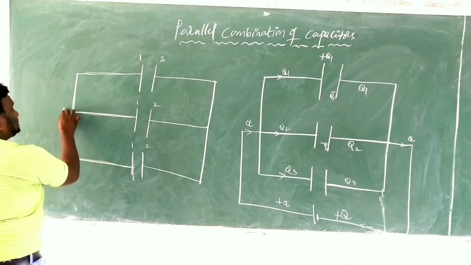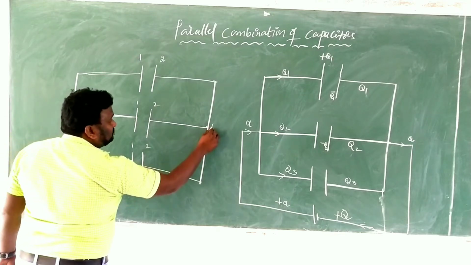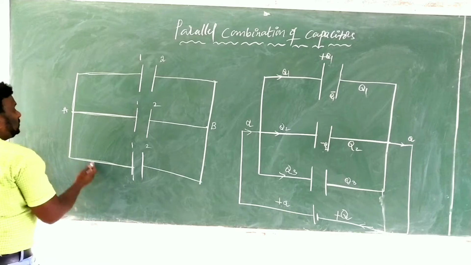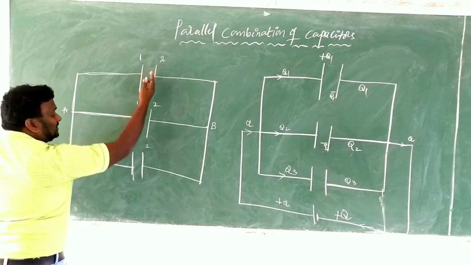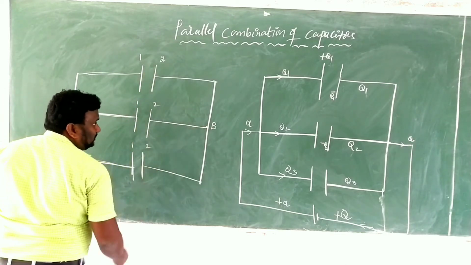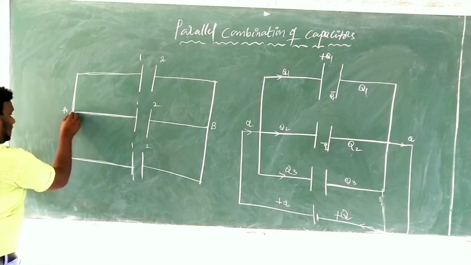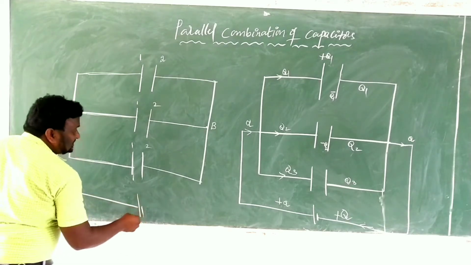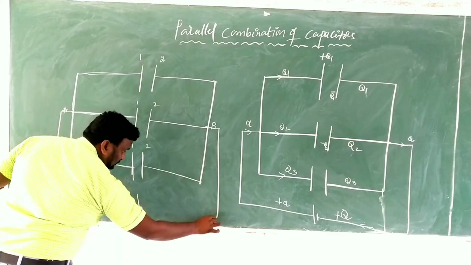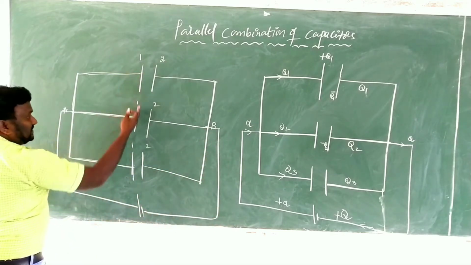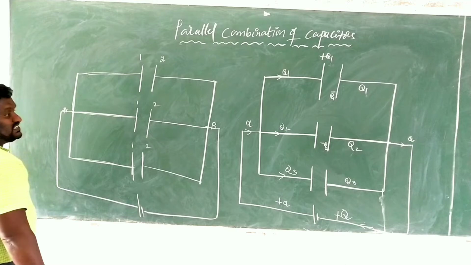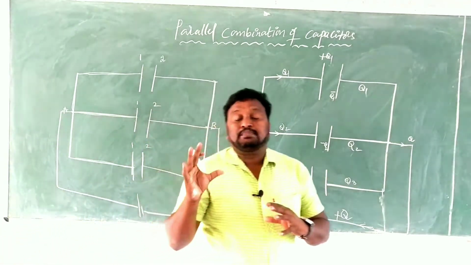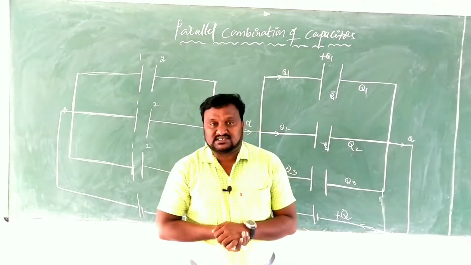For example, I am saying this is A and this is B. All the first plates are given to point A, all the second plates are given to point B. Now in between these two, one battery is connected across these plates.